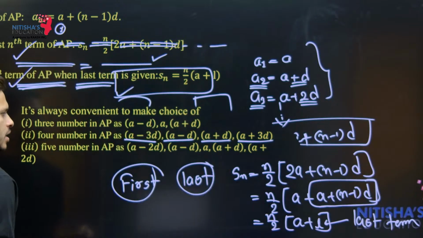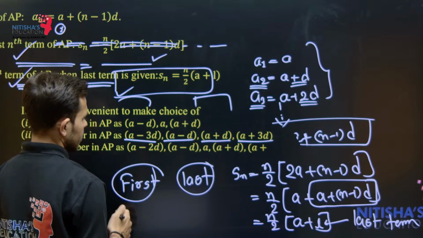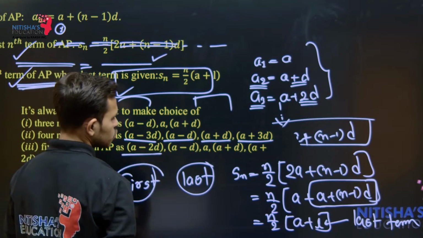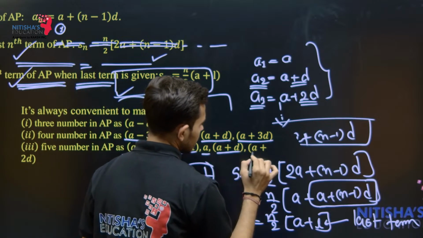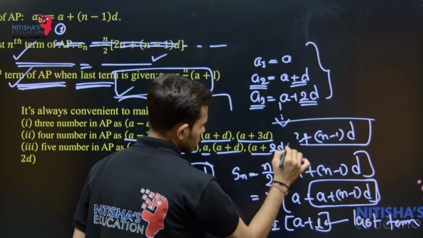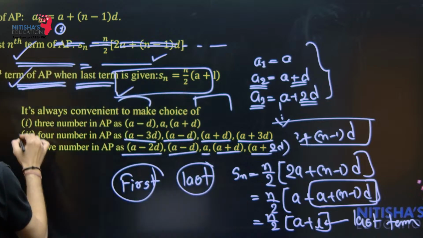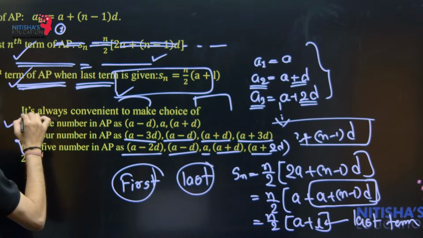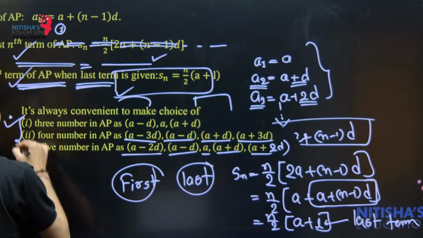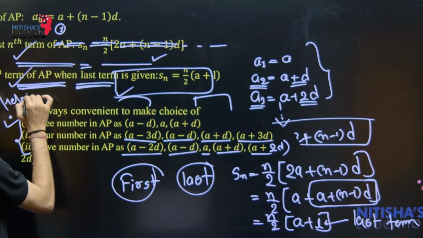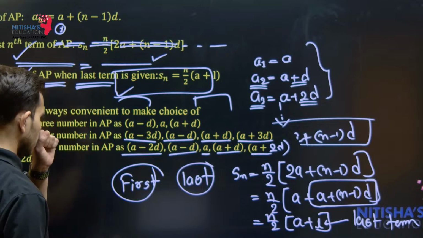If they are saying take 5 consecutive numbers, then it might be a minus 2d, a minus d, a, a plus d and a plus 2d. So these are the important points that you have to remember. Just note it down or take a screenshot. It will help you in your exam to solve the sums.